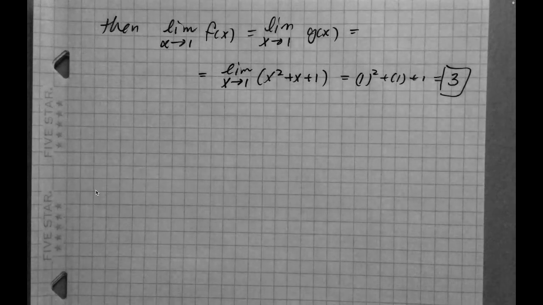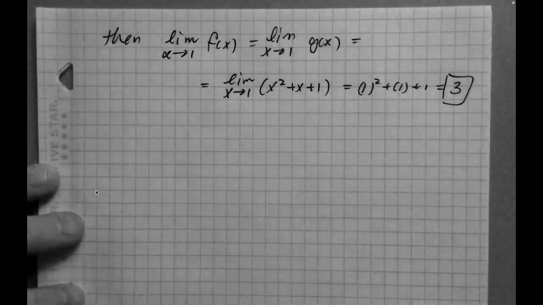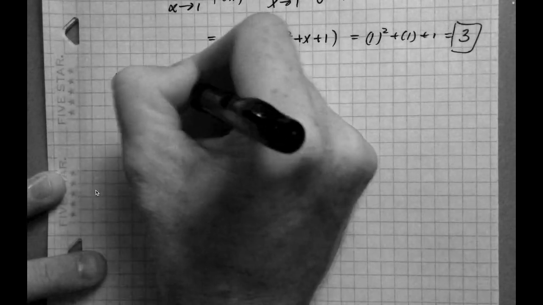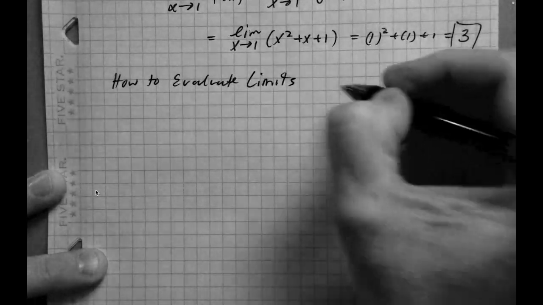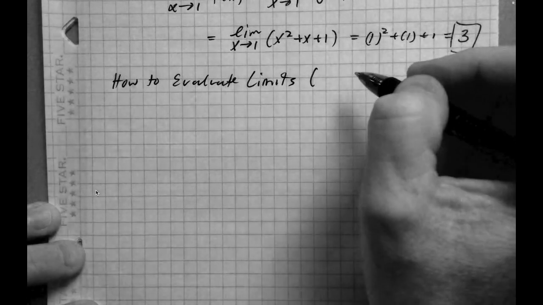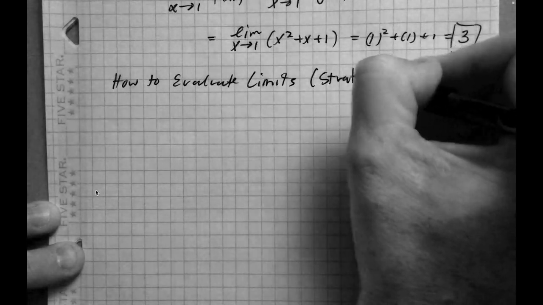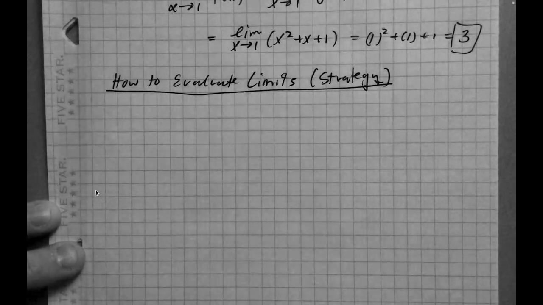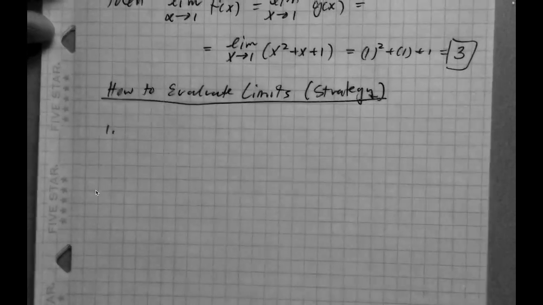Let's do kind of a summary here. How to evaluate limits, a strategy. So this is kind of a summary because we did touch on a lot of things here. So the first thing would be to make note of what we just talked about, right?